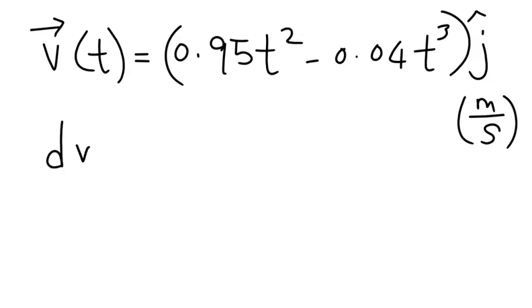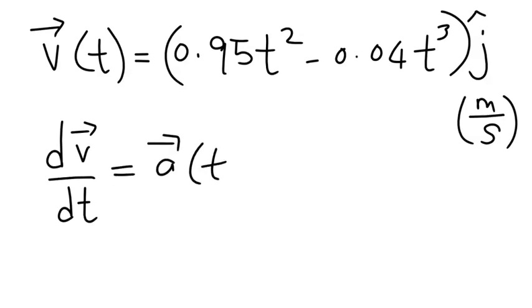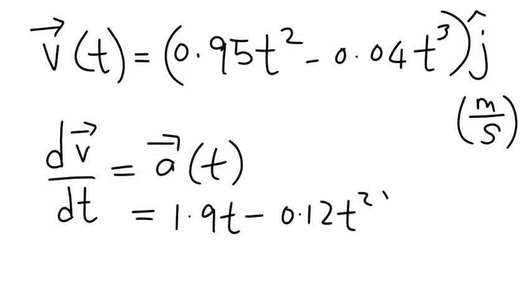But the derivative of v with respect to time is our acceleration, which we know what it is. So we are given that expression. The acceleration function is 1.9 t minus 0.12 t squared j hat. So v is like your y before, and t is like your x before.